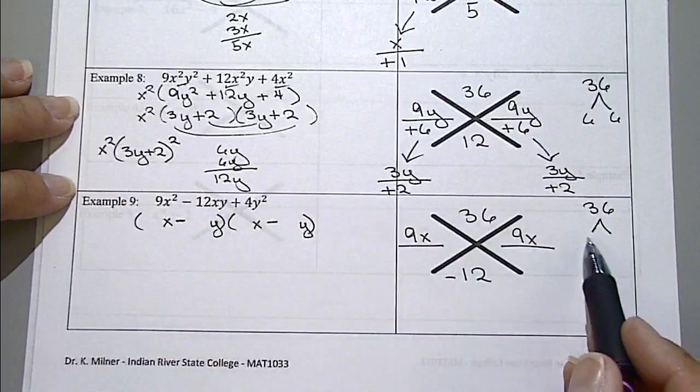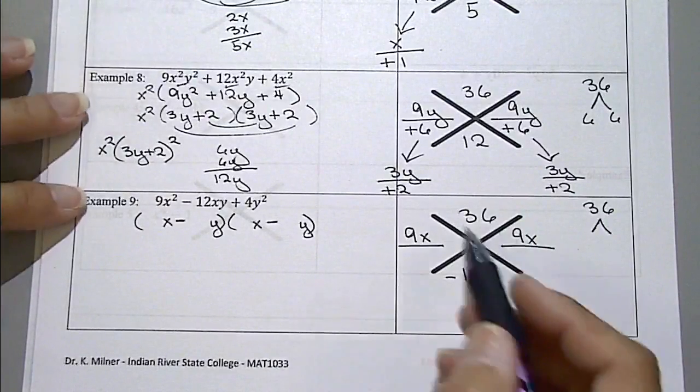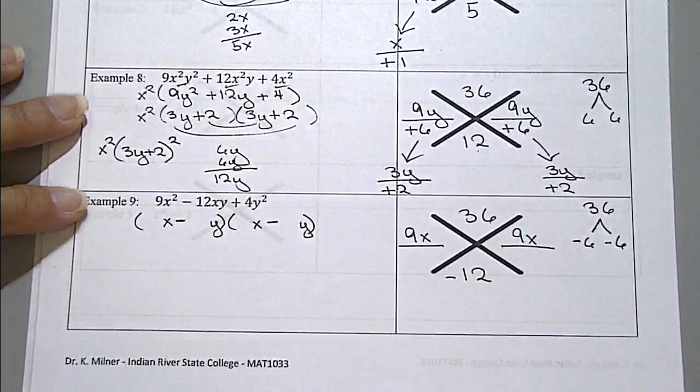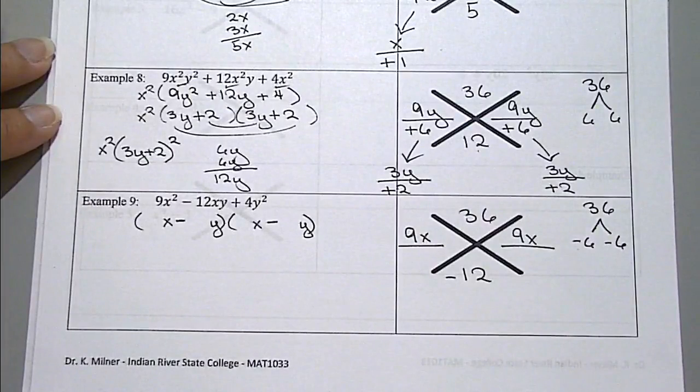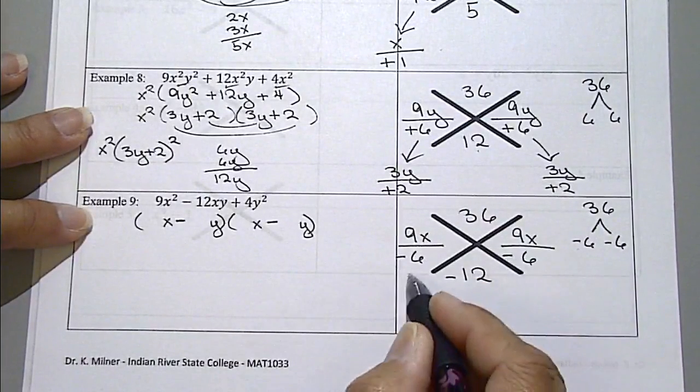Okay, so what am I going to multiply? What factors of 36 are going to combine to give me negative 12? Negative 6, right? I mean, it was the same thing for 12, wasn't it? This time, they're both negative. Okay, negative 6, negative 6, reduce them.